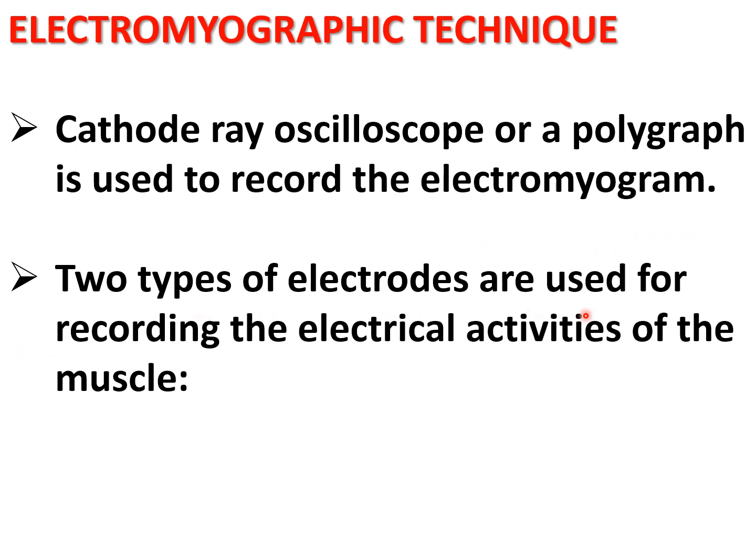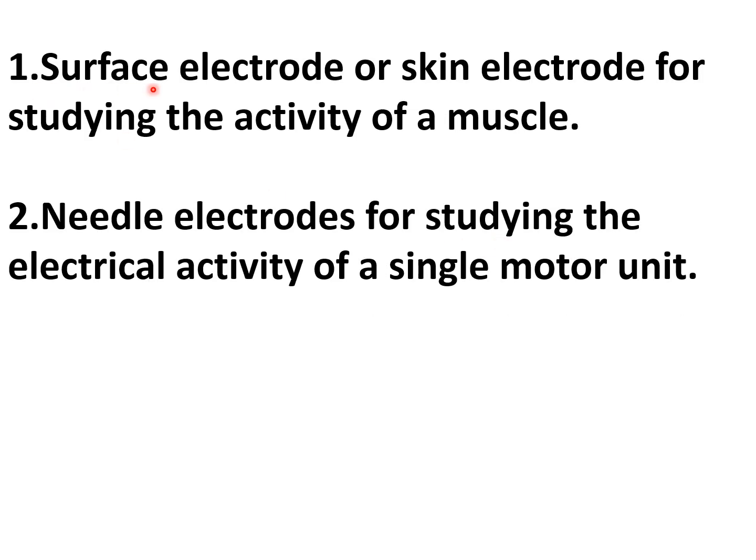Two types of electrodes are used for recording the electrical activities of the muscle. First is surface electrode and second is needle electrodes. Surface electrodes or skin electrodes are for studying the activity of the muscle, and needle electrodes for studying the electrical activity of a single motor unit.